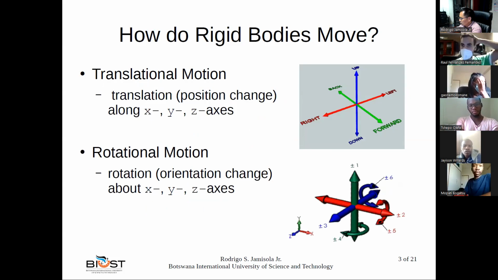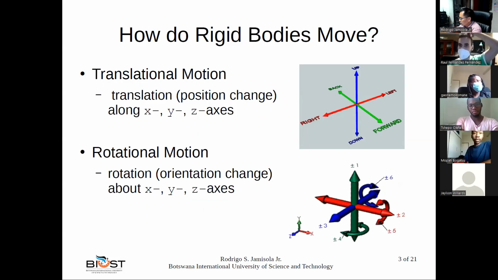First, to understand how a robot moves, we have to understand how we can move. We can have two main types of movement: translation and rotation. In translation, we change our position. We can go maybe to the right.